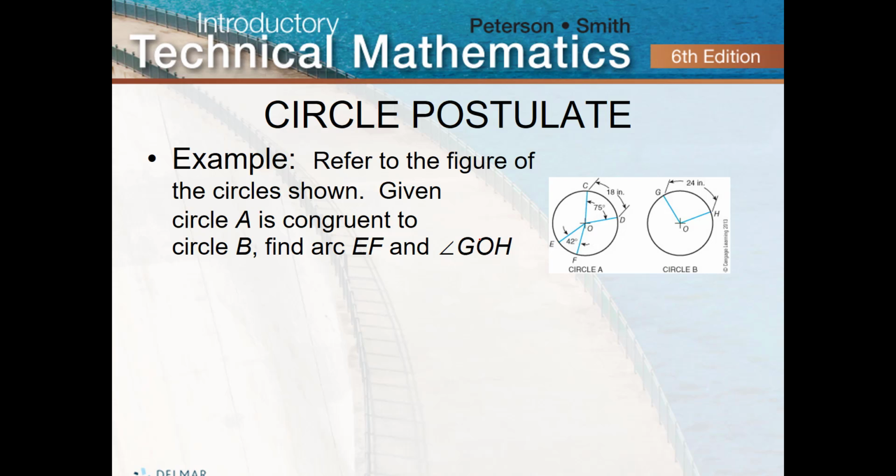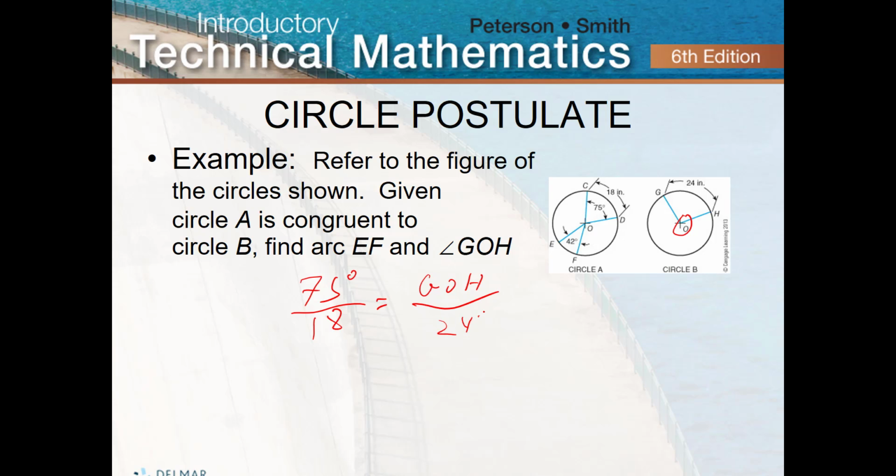All right. So GOH, I'm looking for the angle at O right here. I know that we have 75 degrees in an 18-inch segment, which is going to be equal to GOH over 24 inches.